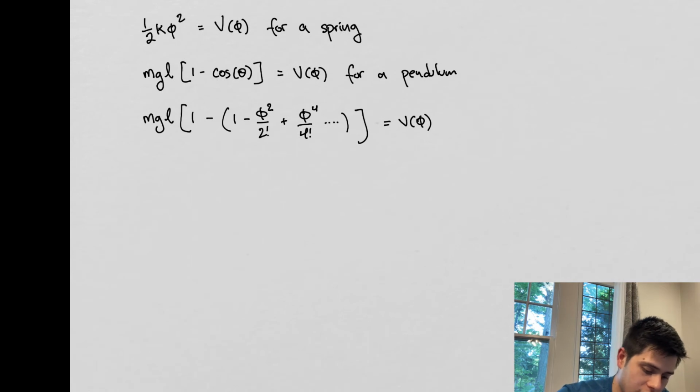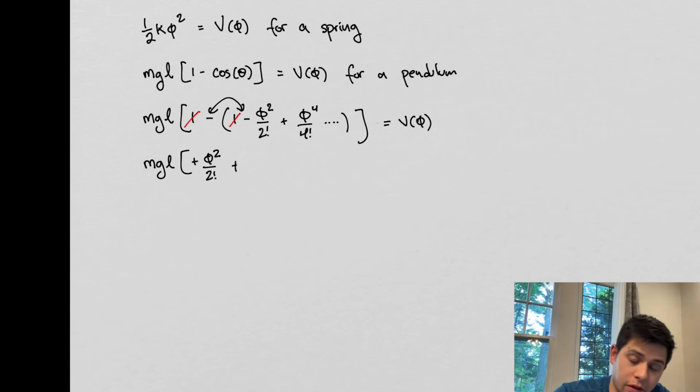But what does that look like now? Well, these two ones will cancel out, and we get mgl times that. Actually, my bad, this is a plus right here because these two minus signs will multiply to become a plus, and then we have this minus right here.